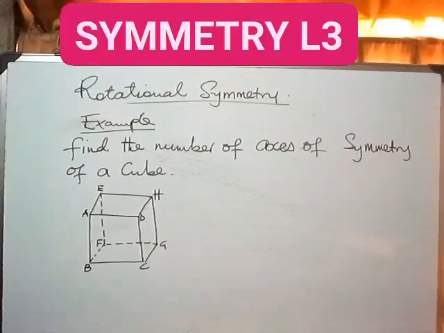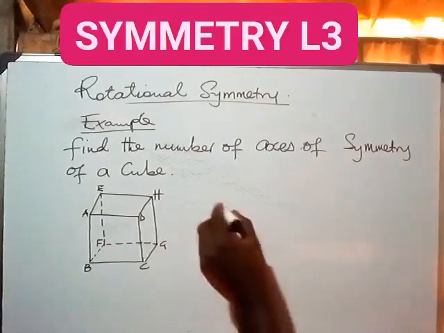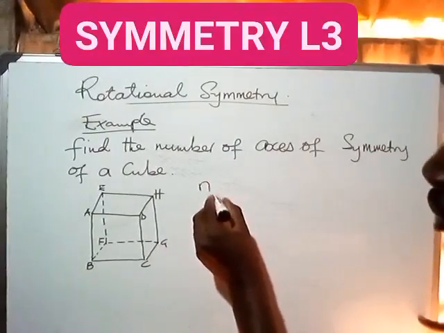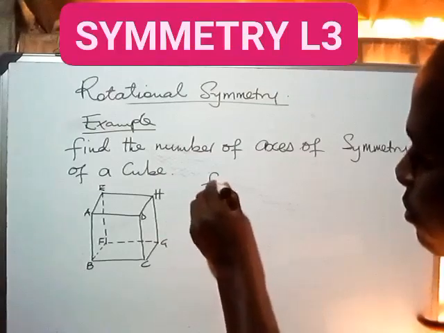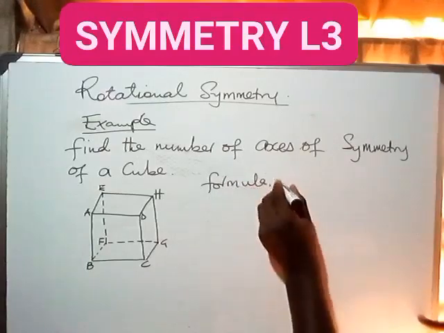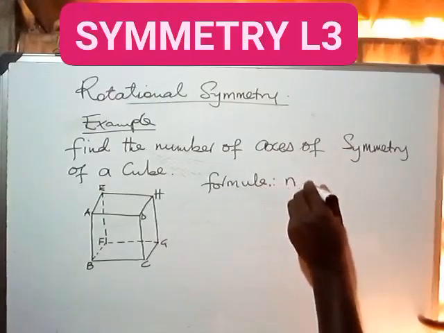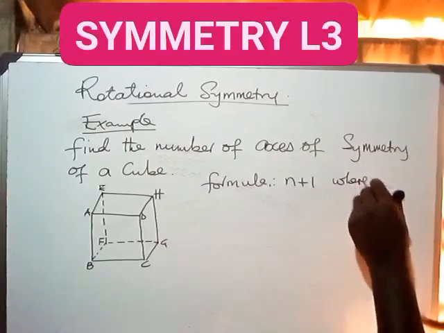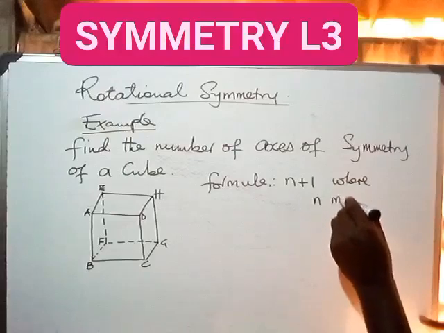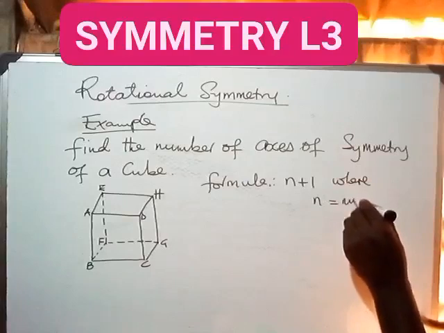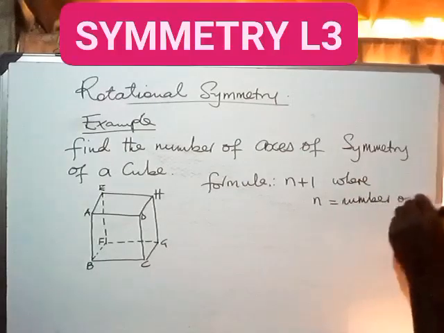So maybe to quicken things up, when I find the axes of symmetry, we use the formula n plus 1, where n is equal to the number of sides.